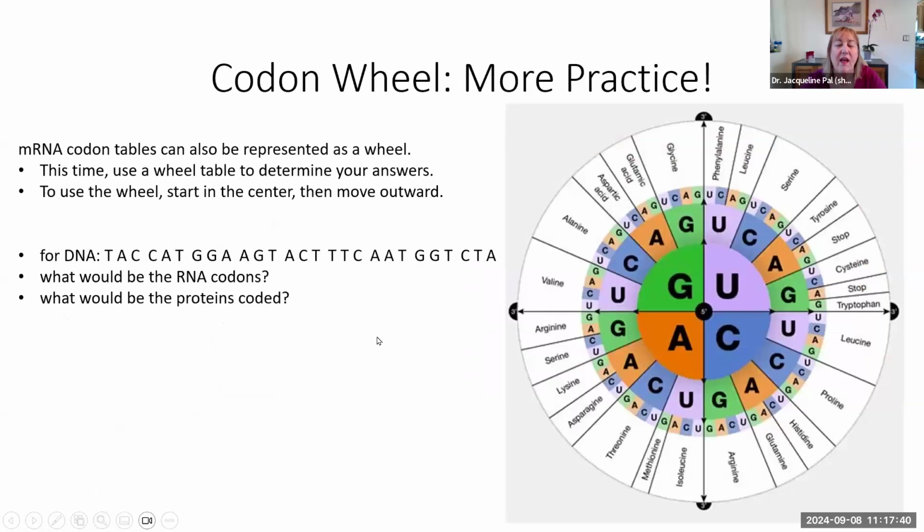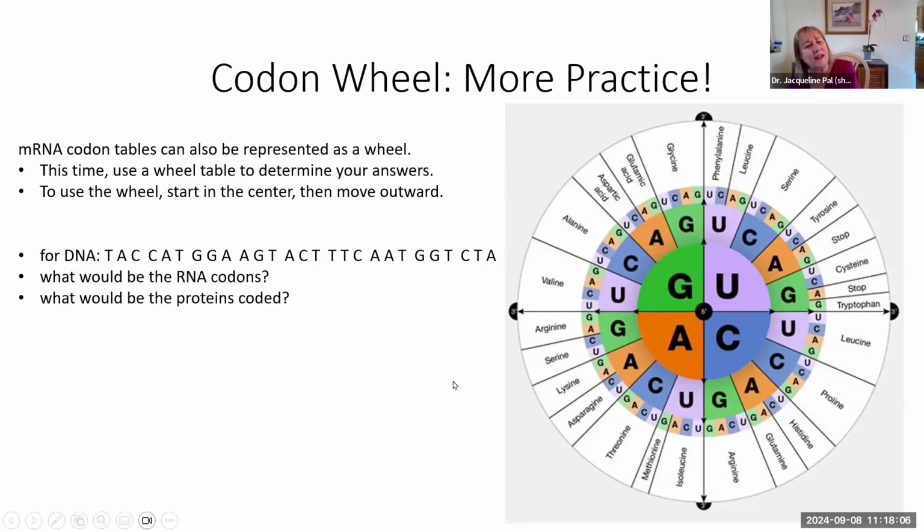Okay. Now, in addition to the codon chart, there is something that's called a codon wheel, where to read the codon wheel, you start in the center with the first, and then you go out, and then you go further out. Okay, so I want you to practice using the codon wheel. This time, I'm not giving you the RNA codons, I'm giving you the DNA.